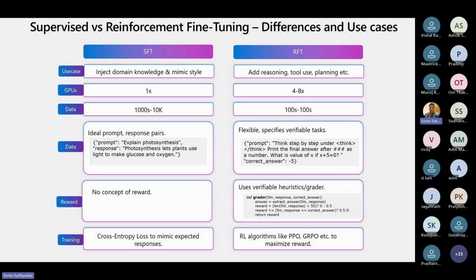So we have already discussed these points, but yes, here a couple of more points on the supervised and reinforcement fine tuning. So use case. In supervised fine tuning, inject domain knowledge and mimic style. What is this inject domain knowledge and mimic style?